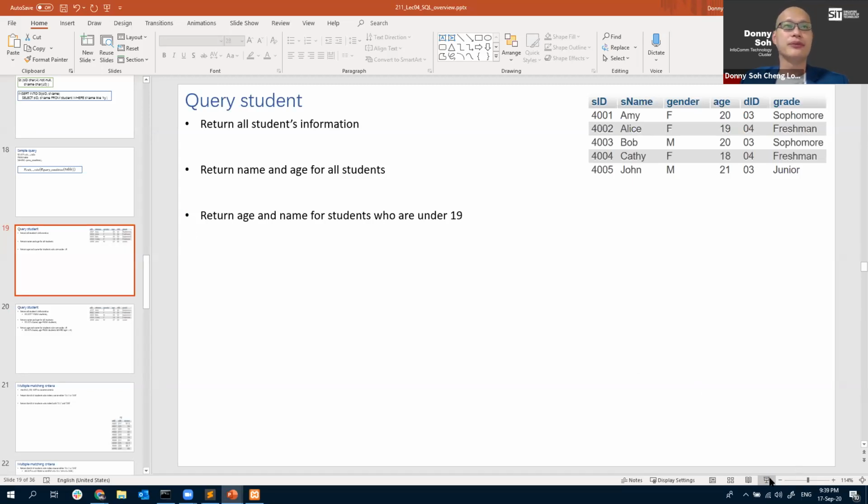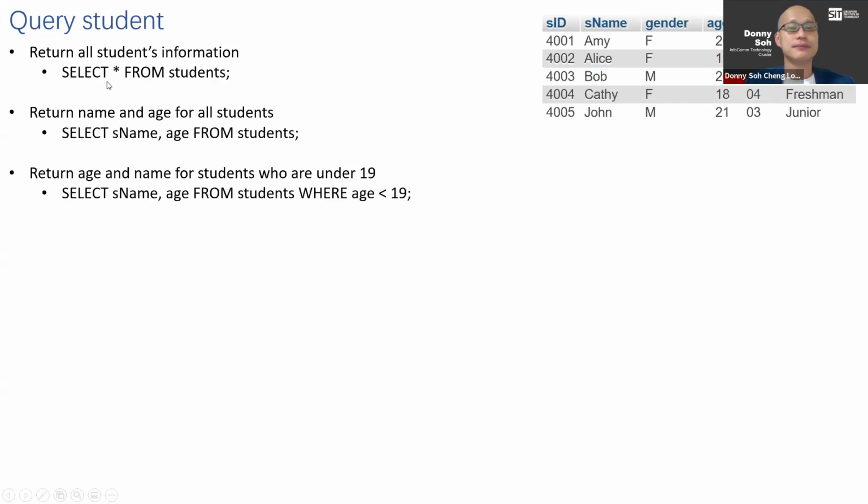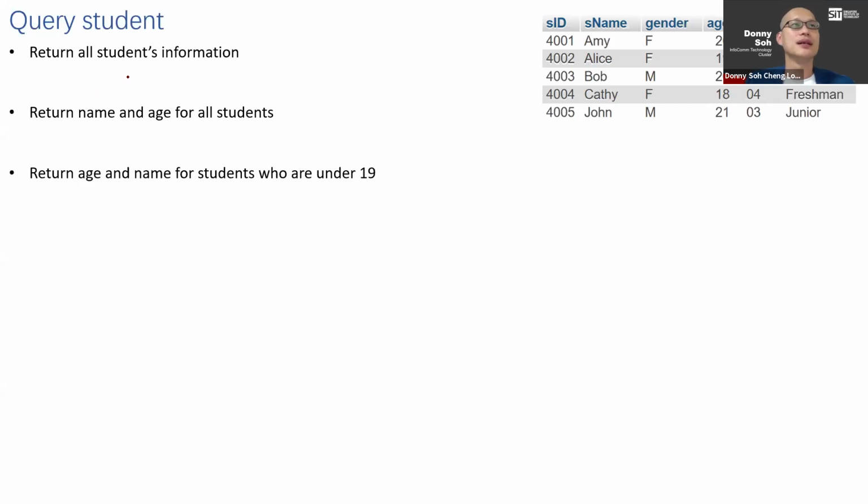So there are some examples. Query all the student names. Let's try to do this together. If I want to query all my student names, what do you think is my SQL query to query all my students' information?